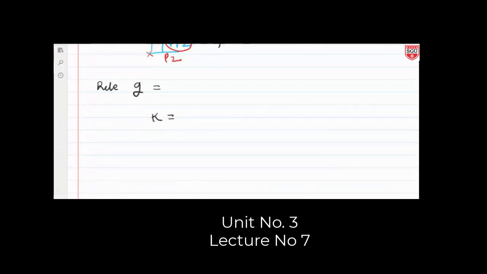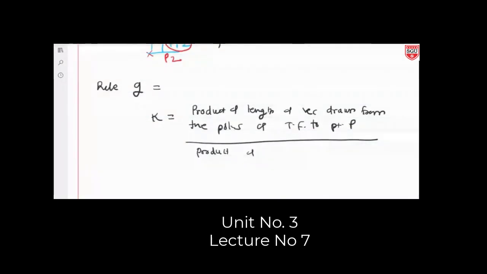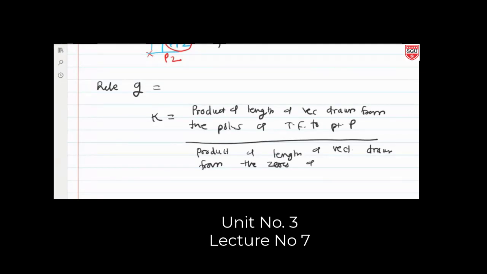Remember this formula correctly: k is equal to the product of the lengths of vectors drawn from the poles of the transfer function to point P, divided by the product of the lengths of vectors drawn from the zeros of the open loop transfer function to point P.